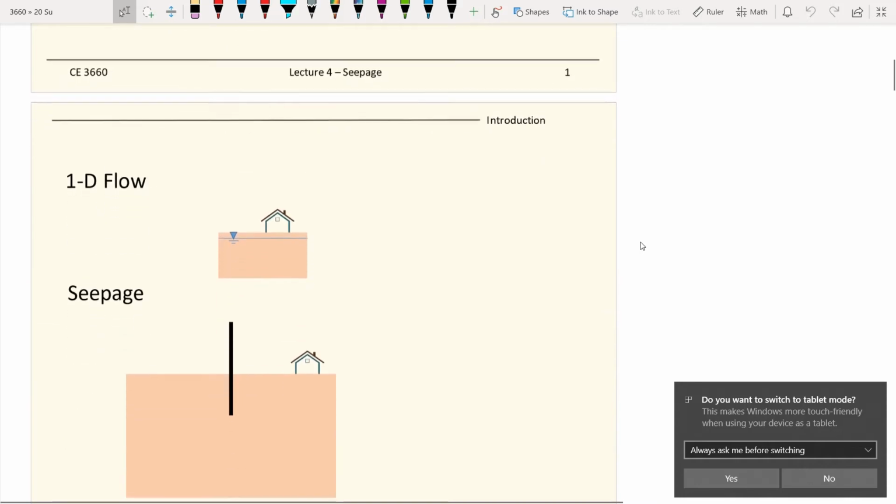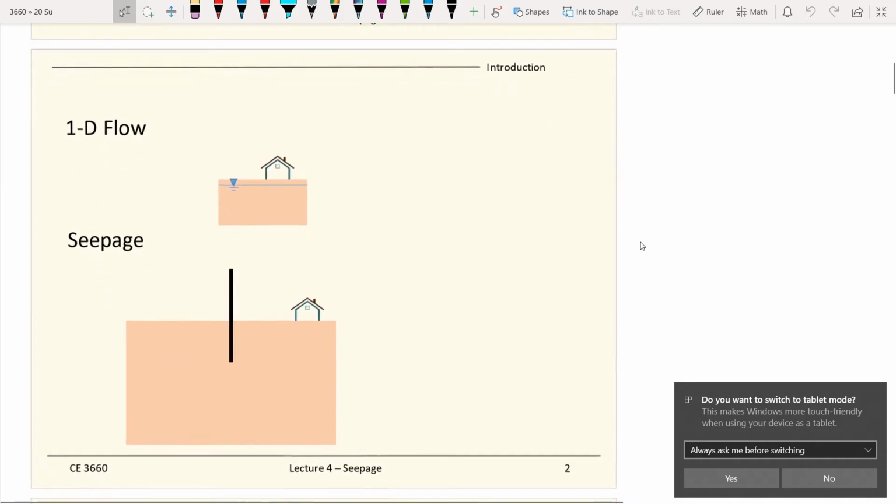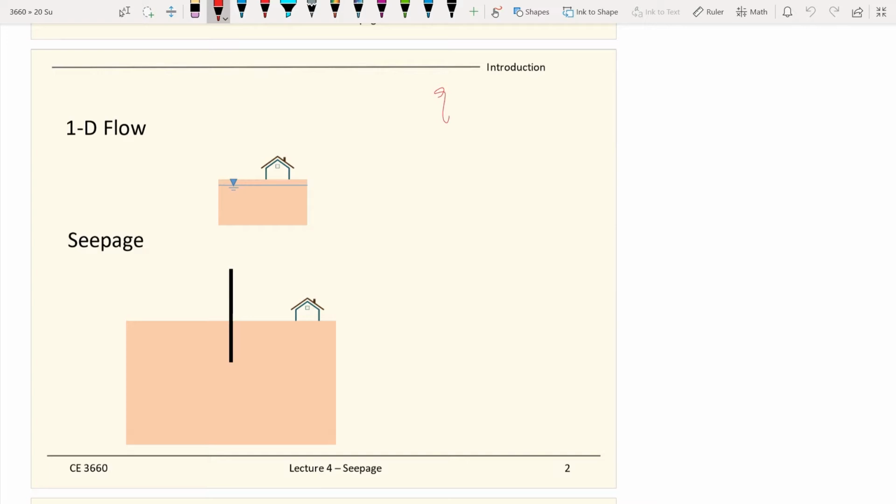First, in the last lecture, we talked about 1D flow. We spent a fair amount of time talking about Darcy's law, which is Q equals KIA. Darcy's law works with one major assumption: we talk about one-dimensional flow.